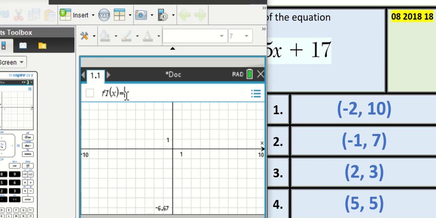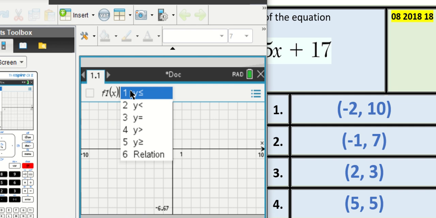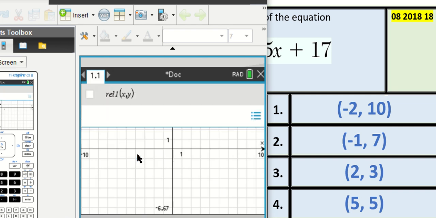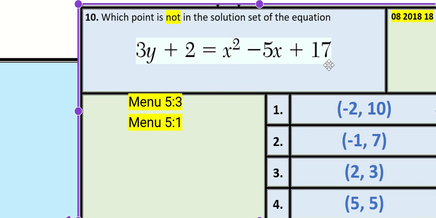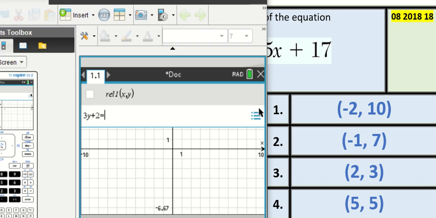So the first thing I do, I can never have 2 equal signs, so delete that equal sign. Choose 6 for relation and type 3y plus 2 equals x squared minus 5x plus 17.